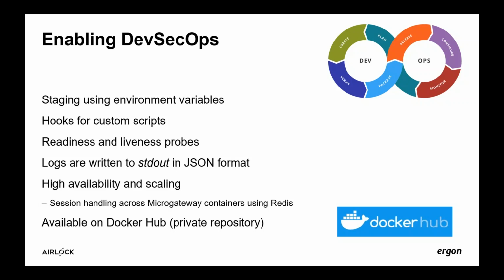The logs are written, what is typical for those environments, into the standard out in the JSON format. And of course, high availability and scaling is possible. Scaling, of course, you can start multiple containers, and they can then take the requests and work with them.